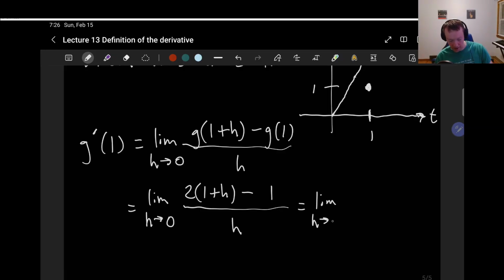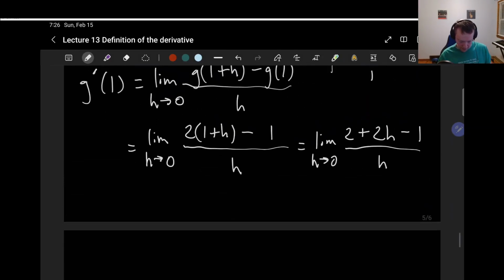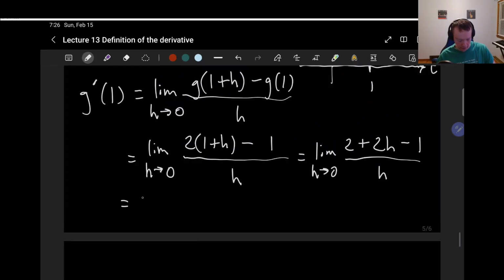Now this doesn't look too bad right now, but it will cause us a problem. Distribute the 2. And we can combine the like terms, the 2 and the minus 1. So let's write the 2h first. Excuse me, that's plus 1.